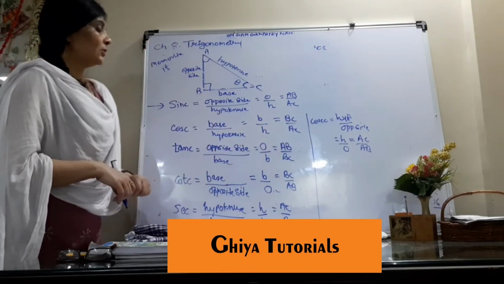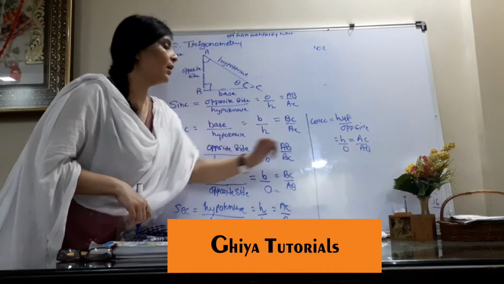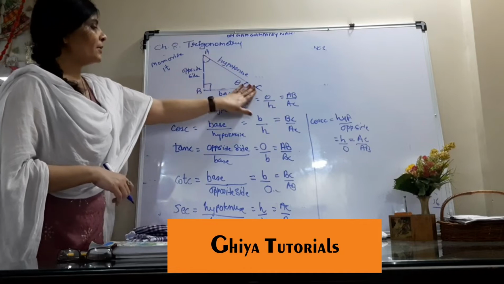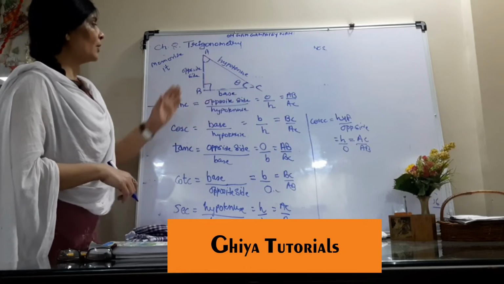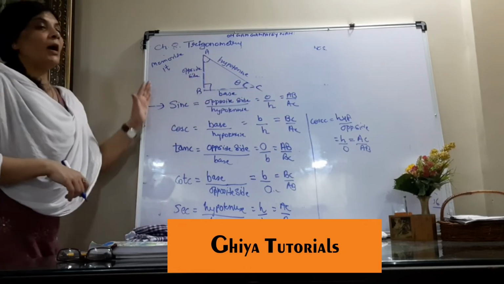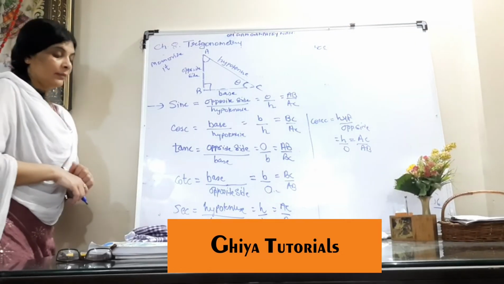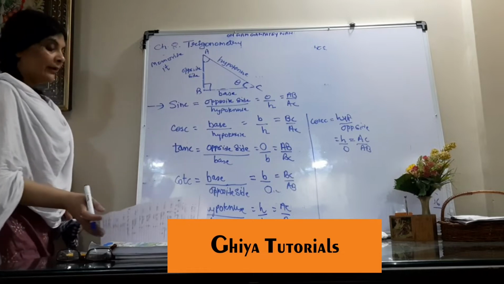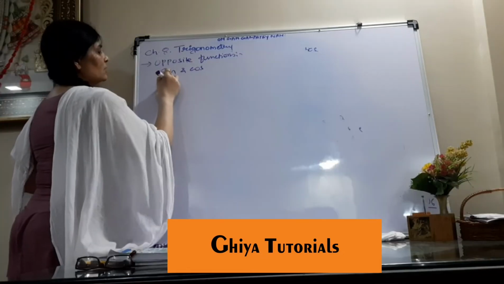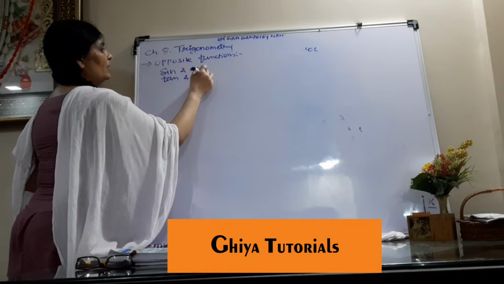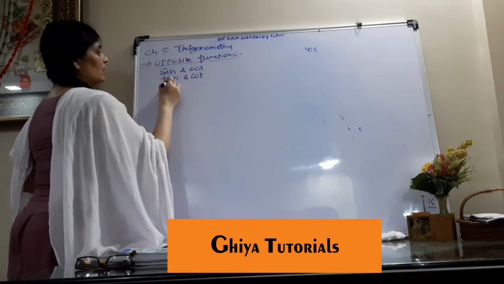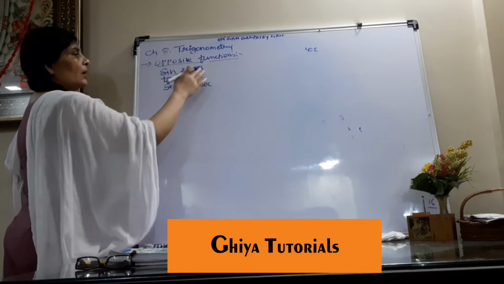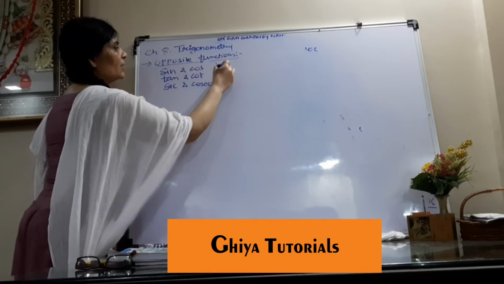And cosec is hypotenuse upon opposite side, H by O, that is AC upon AB. So you have to memorize these formulas. The formulas with respect to a right triangle for sin, cos, tan and cot, sec and cosec are reciprocal functions of each other.